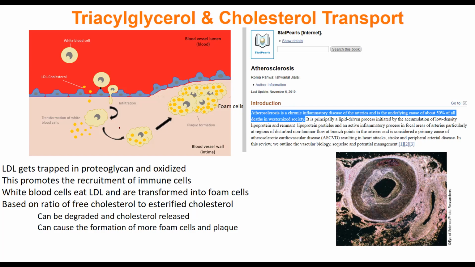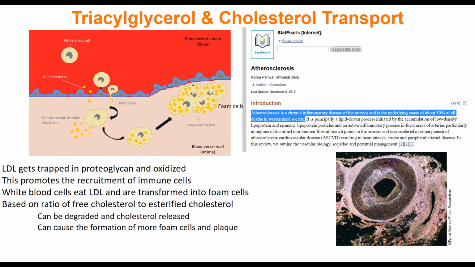They're called foam cells because when you look at them, since all that fat and cholesterol makes them look really foamy. And sometimes what happens is that in your blood vessel wall, your white blood cells will go inside there, eat all the fat and all the cholesterol that's leaked in, and then they will die and just stick around on the vessel wall.